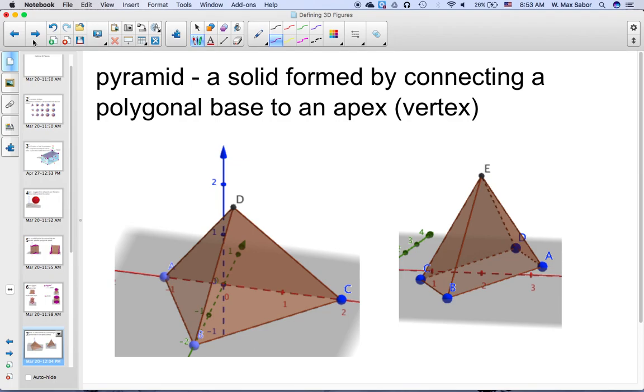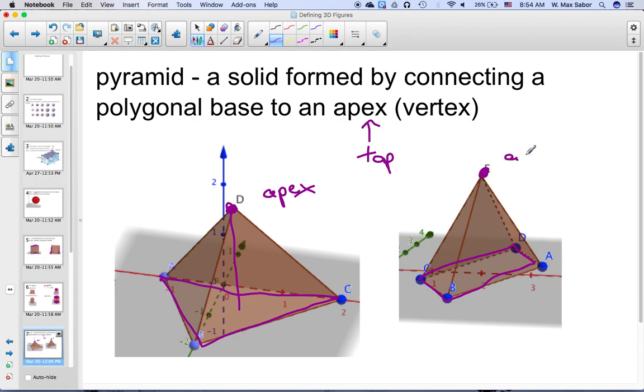So a pyramid is a solid formed by connecting a polygonal base. So here we have a polygon that is the base, and it's connected up to an apex, the vertex. Apex means the top. Here is our polygonal base, and it connects up to an apex.